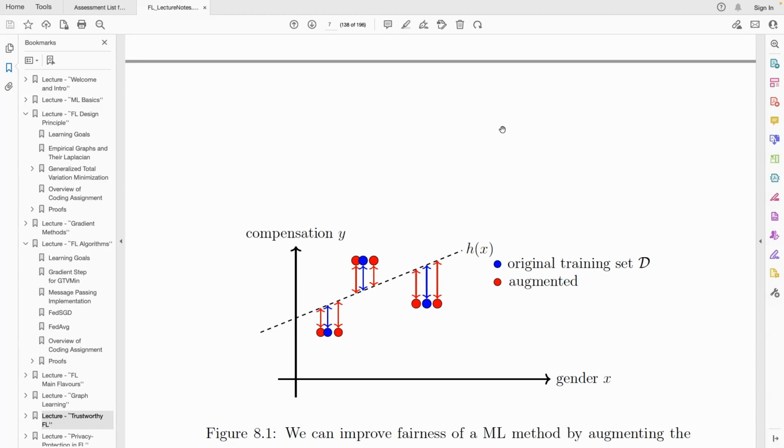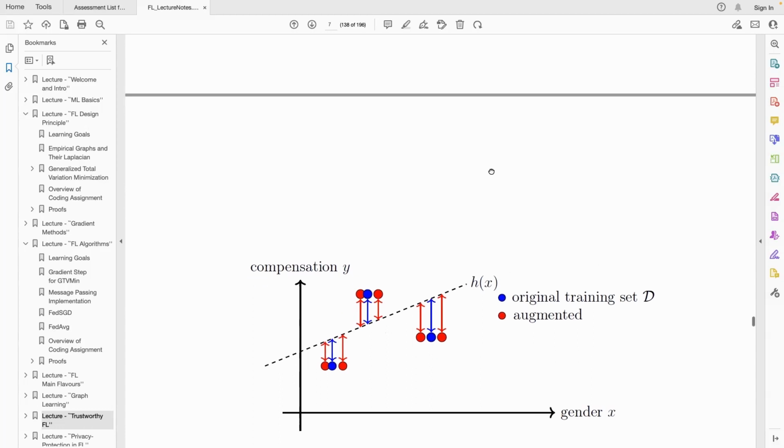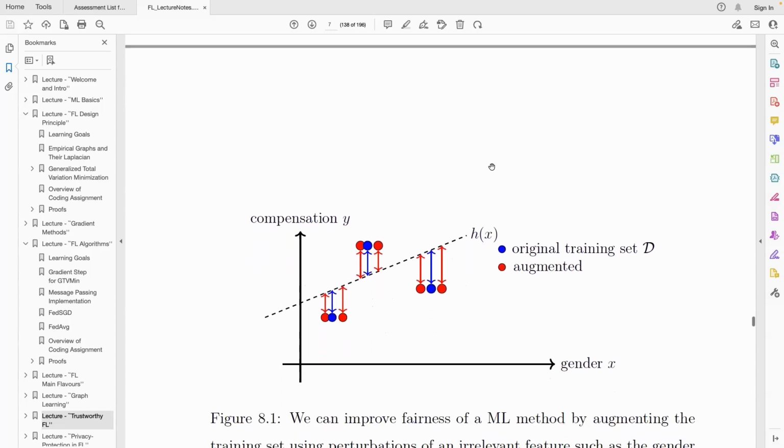From this perspective, you should not use gender at all. But in some cases, it might be useful to use the feature, but to make sure you don't overly rely on it. So there's some transition between using the feature freely and not using it at all. You might use it to some degree, and there might be some guidance on how much weight you want to give that sensitive feature.